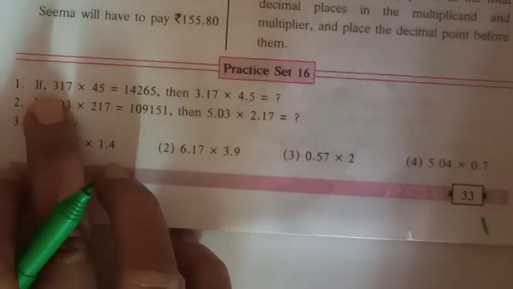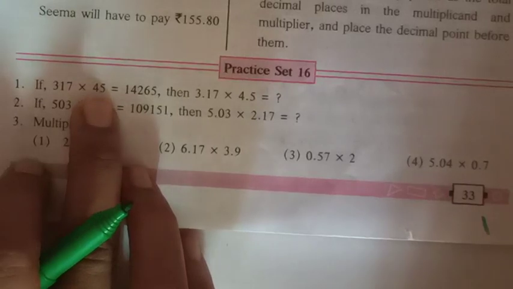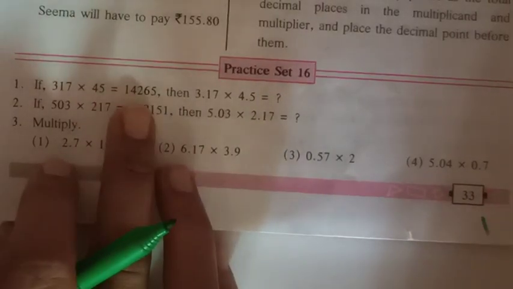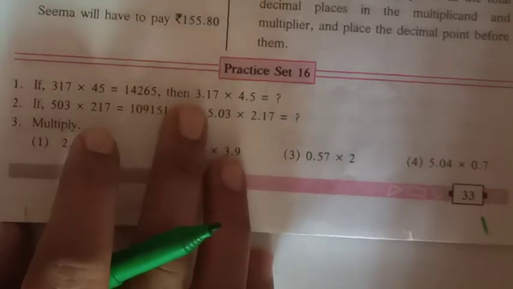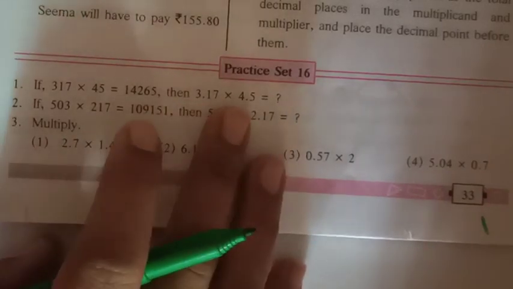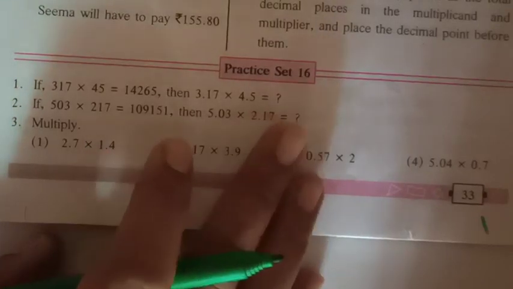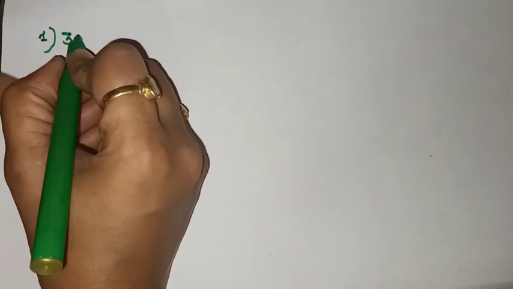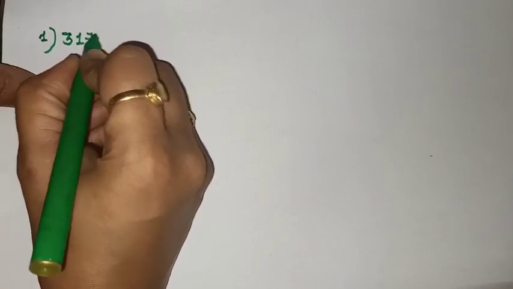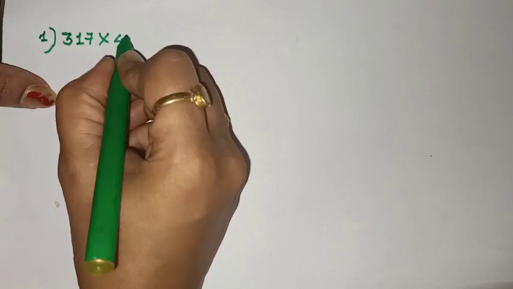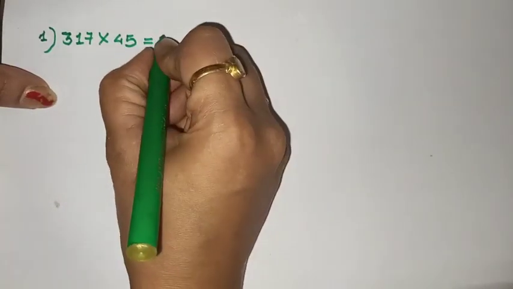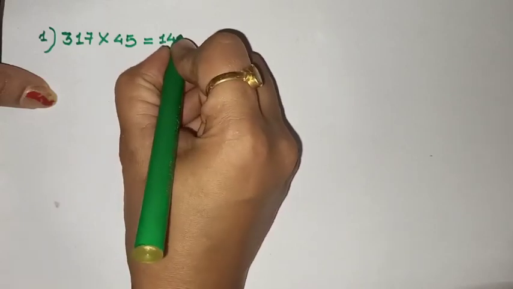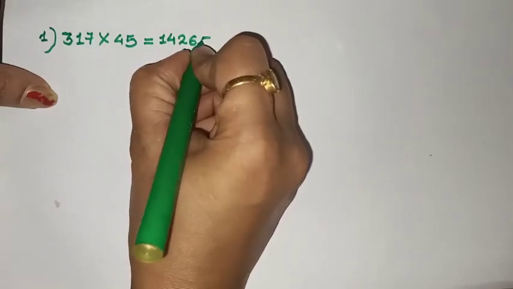Question number 1 is, if 317 multiplied by 45 is equal to 14,265, then 3.17 multiplied by 4.5 is equal to question mark. 317 multiplied by 45 is equal to 14,265.